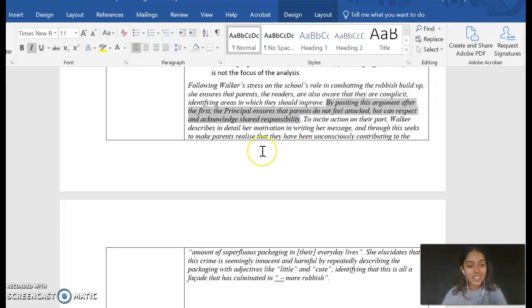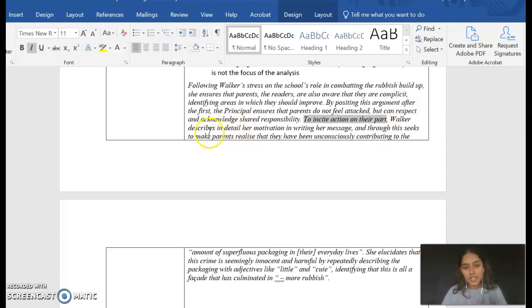This sentence is analysing why this argument is coming second. So it's analysing the order of the arguments. It's saying, how is it persuasive? Well, it's the second argument. Why is it persuasive? Because the parents don't feel attacked. They can acknowledge some shared responsibility.